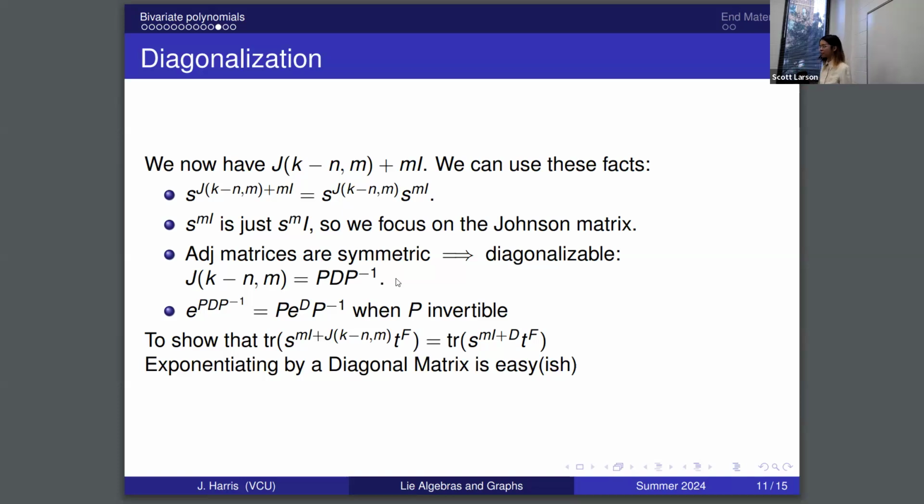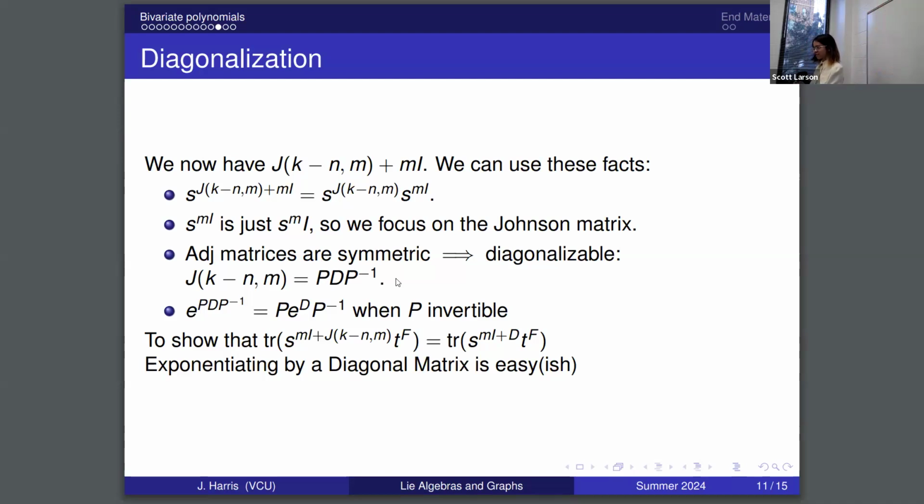Since adjacency matrices are symmetric, we can diagonalize, which means we can turn our matrix into a diagonal matrix, which is great for exponentiating. Then we can even take those p's out of the exponent. With all that, we can simplify the bivariate polynomial we started with, which was kind of nasty, into something that looks a lot better. It's much easier to exponentiate because we now have a diagonal rather than the mess we had.